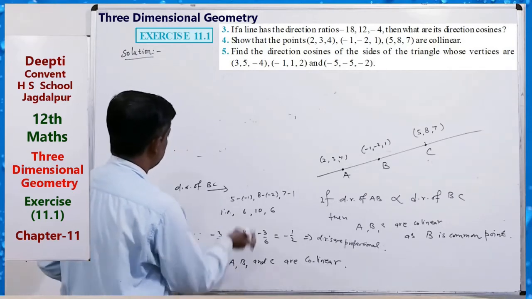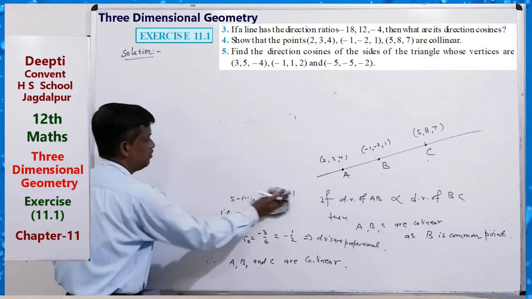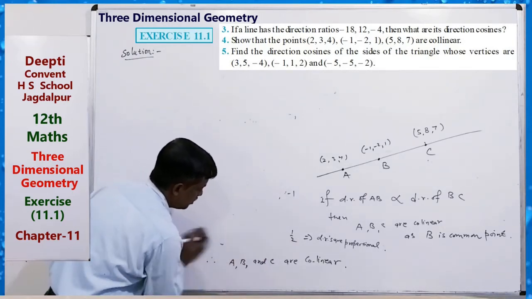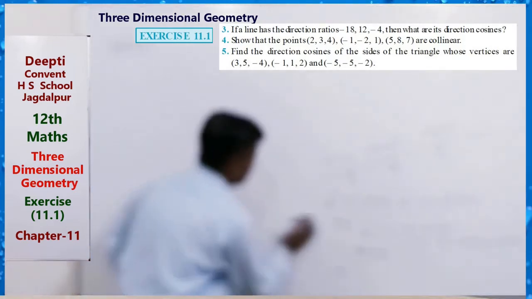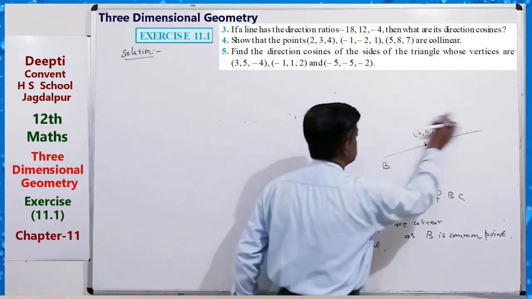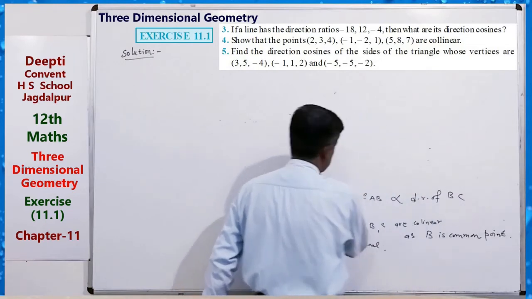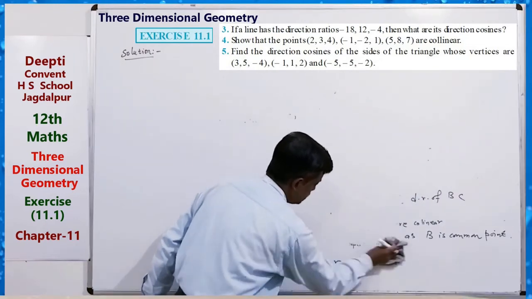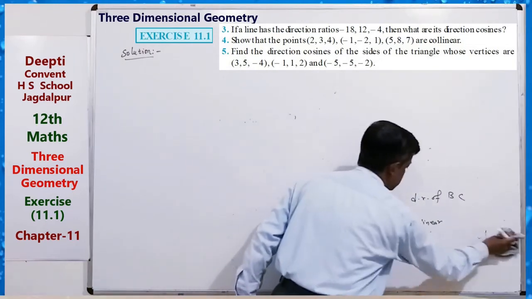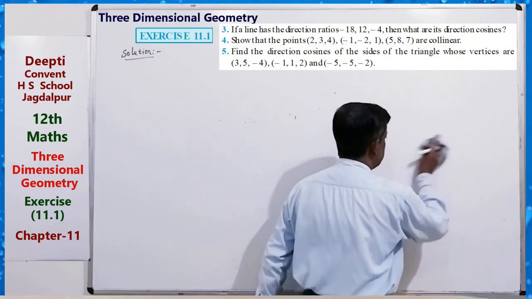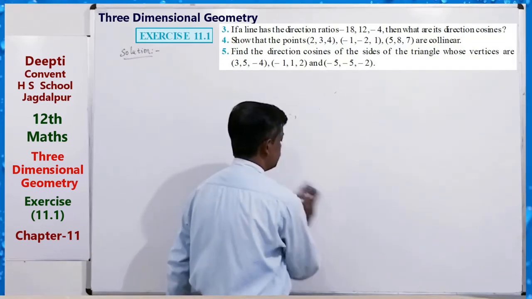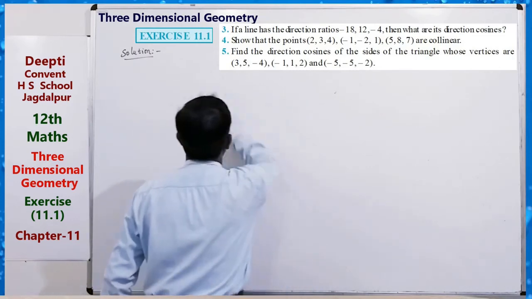Question 5 means the vertices of a triangle are given and we have to find the direction cosines of each side. First of all we have to find the direction ratios, and then by using direction ratios we can find the direction cosines.